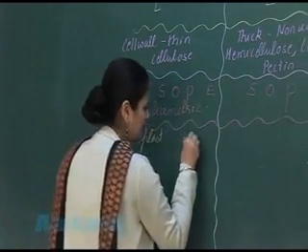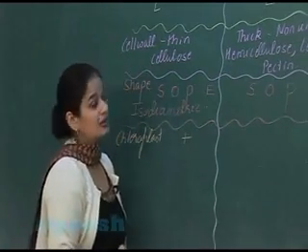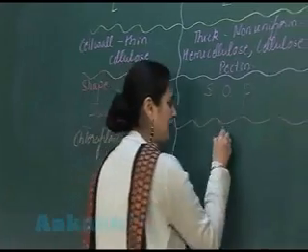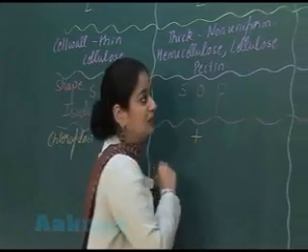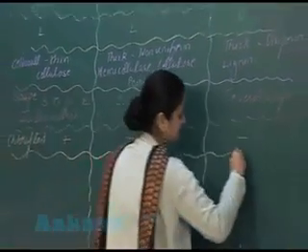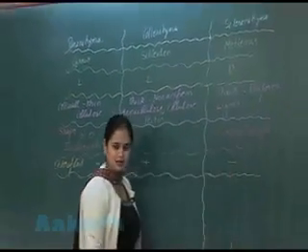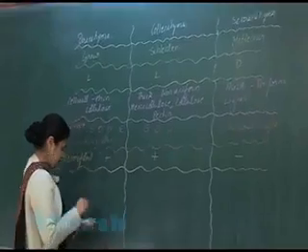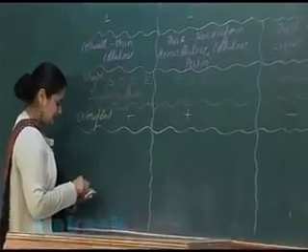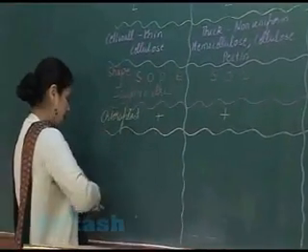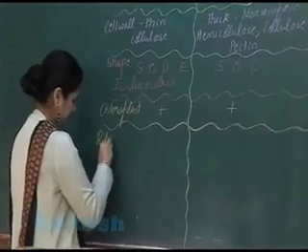For present, please write plus. In the collenchyma, chloroplast can be present. But in the sclerenchyma, these organelles are absent, they are dead cells. The next one is refractive index.